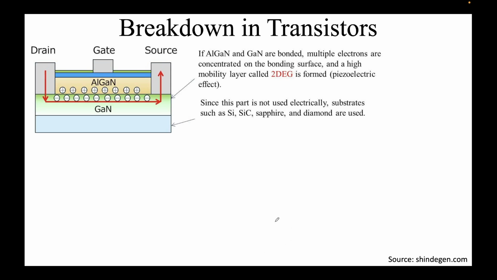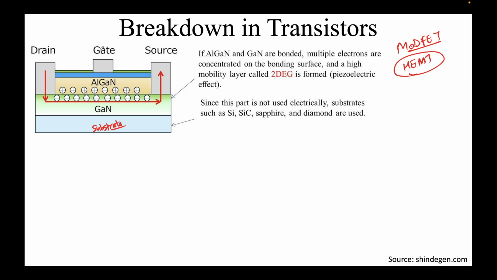So on your screens, what you have is the material gallium nitride. This is a substrate. We have grown gallium nitride on some substrate, right? And on top of gallium nitride, I have grown some aluminum gallium nitride. This was referred to in one of the lectures as a MOSFET, or more popularly HEMT, high electron mobility transistor.